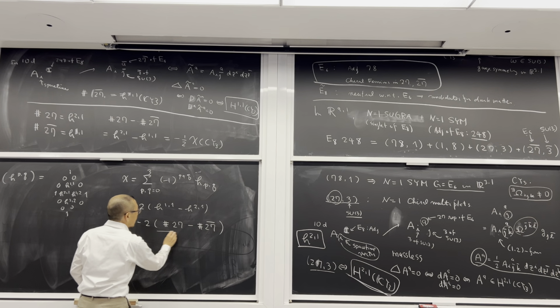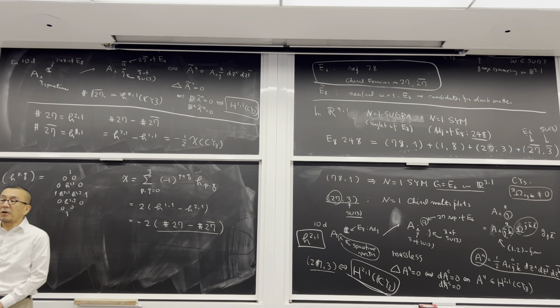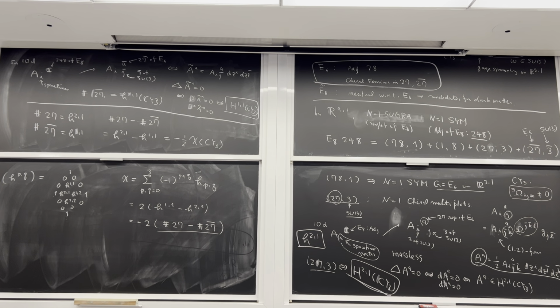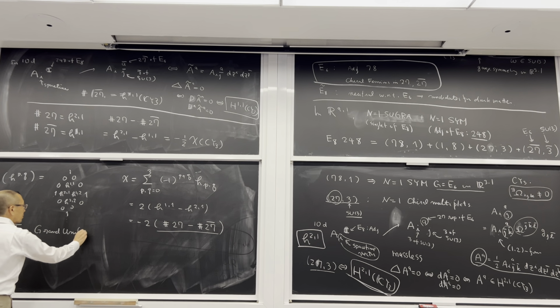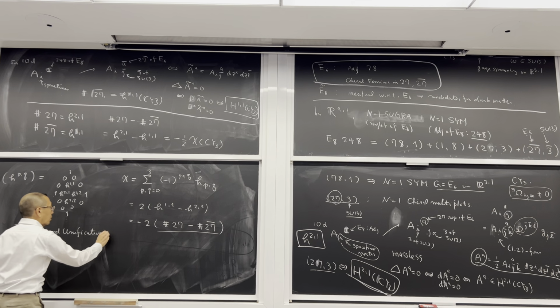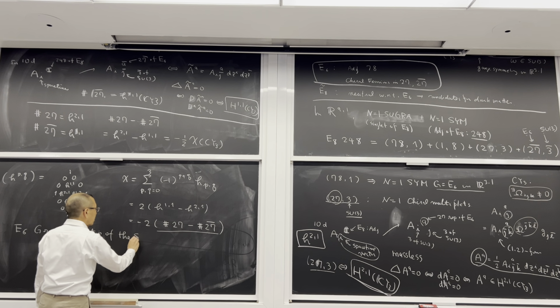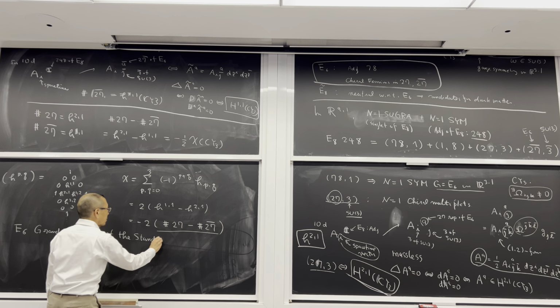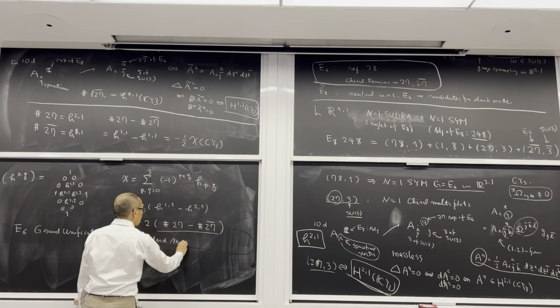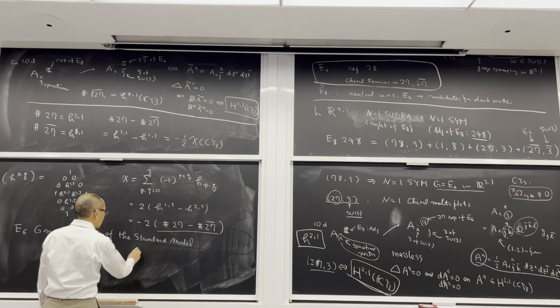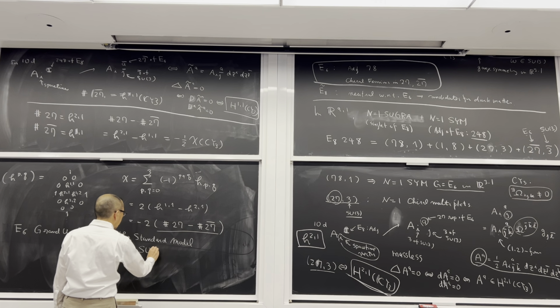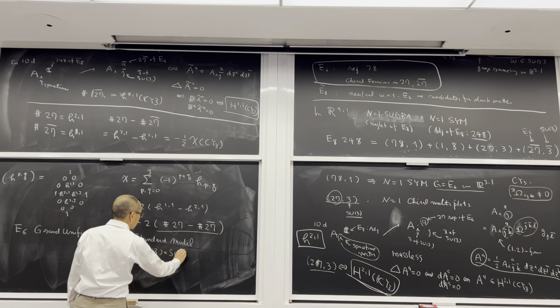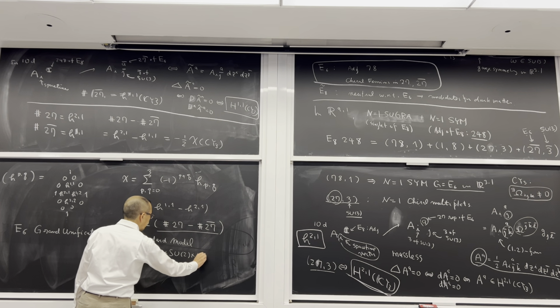So this is actually a natural number for the number of generations in E8. If you consider the E6 grand unification of the standard model, the standard model has the symmetry group SU3 cross SU2 cross U1.